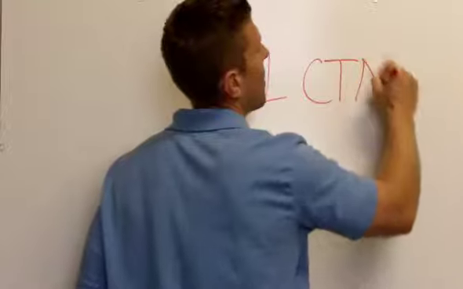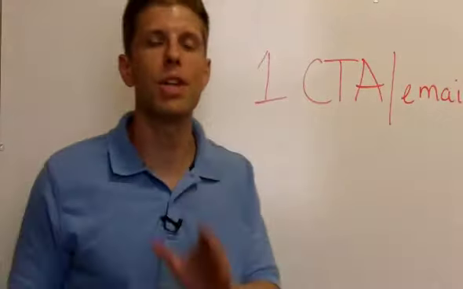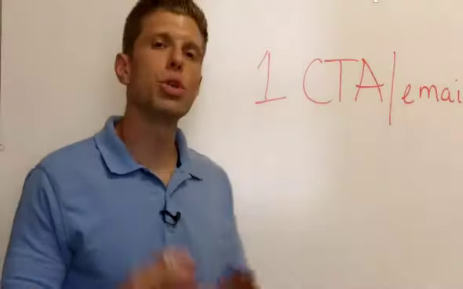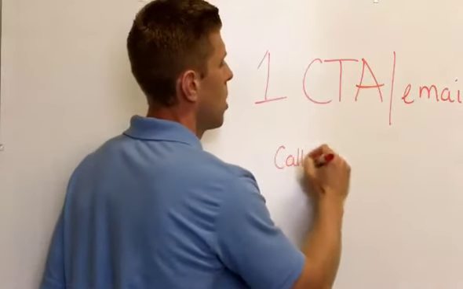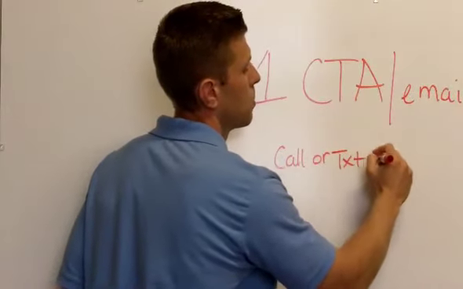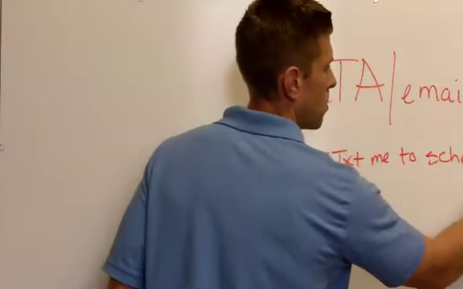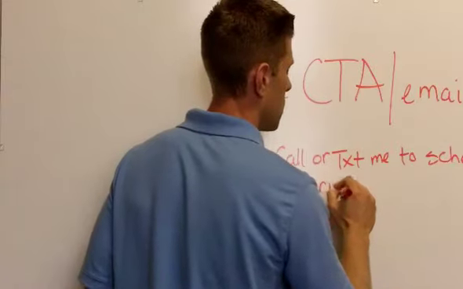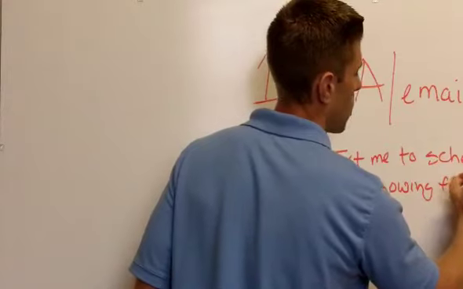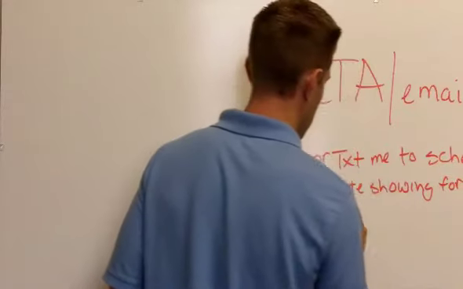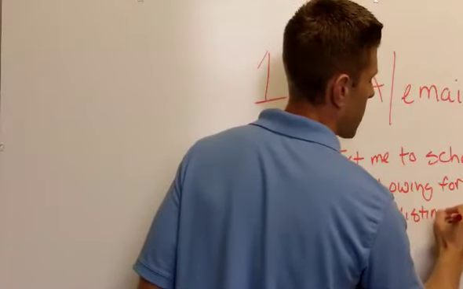One CTA per email. What's a CTA? A CTA is a call to action. So in your weekly list email, you would say something like this: Call or text me to schedule a private showing for any of these listings, or something to that effect.